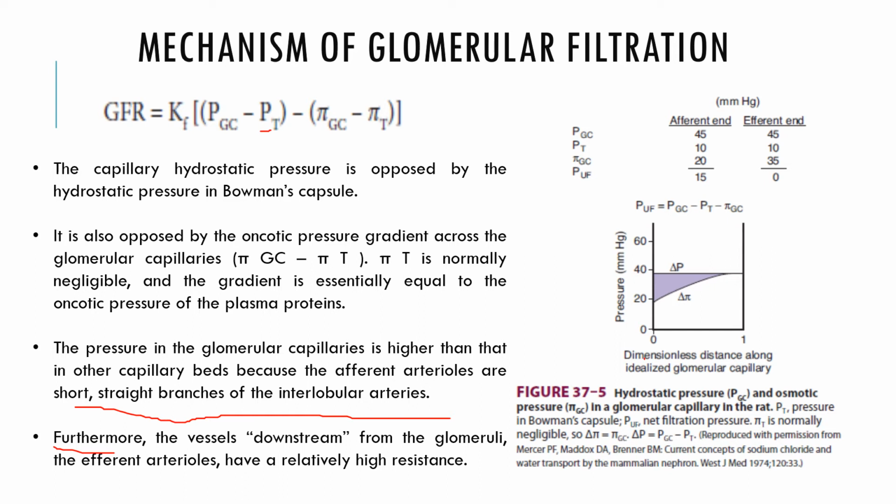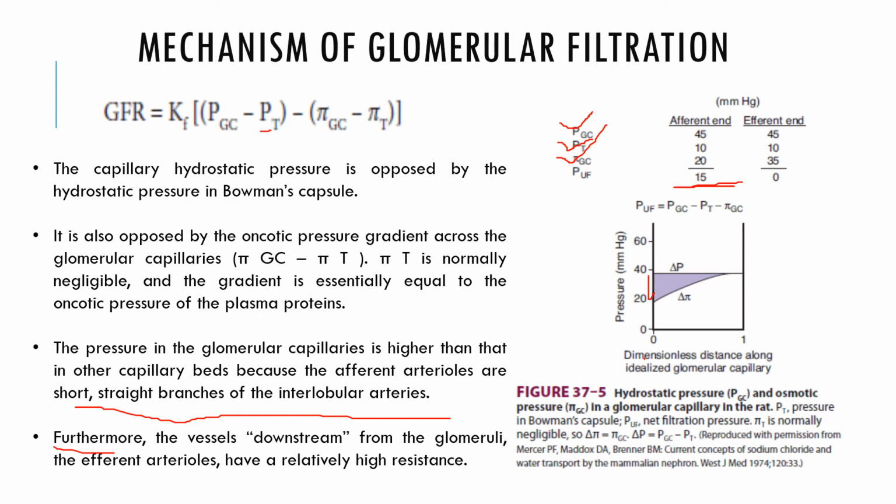At the afferent end of the glomerular capillary, the PGC value is 45, and the hydrostatic pressure of the Bowman's capsule is 10 mm of mercury. And the oncotic pressure of the glomerular capillary at the afferent end is around 20. So the net filtration force is 15 mm of mercury at the afferent arteriolar end.